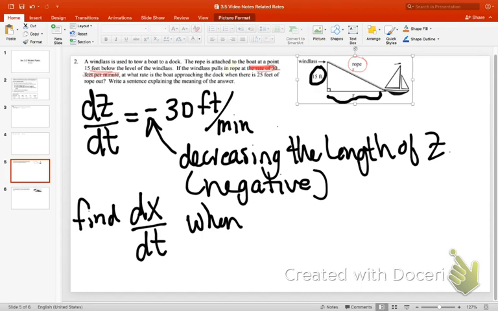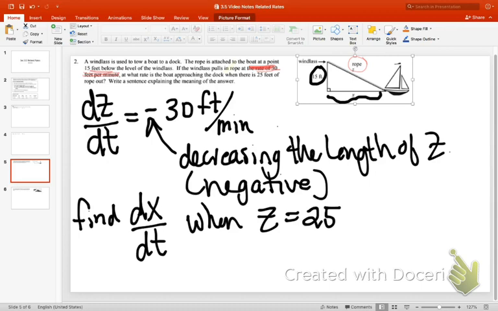So it says when there is 25 feet of rope. So the rope is related to z. So that's when z equals 25. All right, so we are trying to find dx dt when we're given the rate of change of the rope is negative 30 feet per minute, and at the time when z is 25.